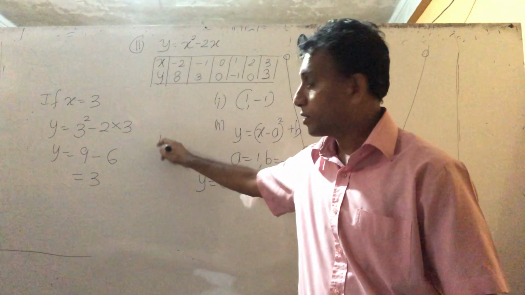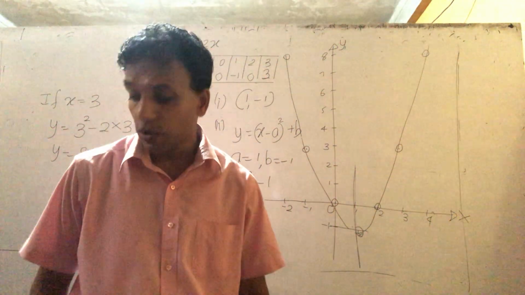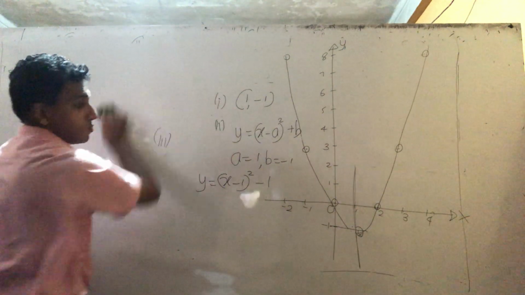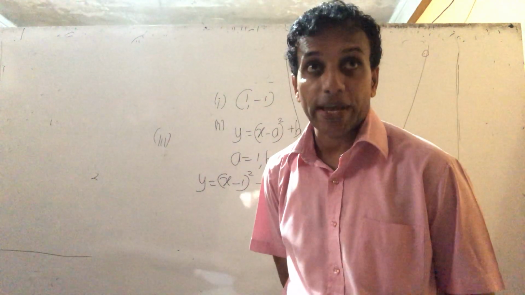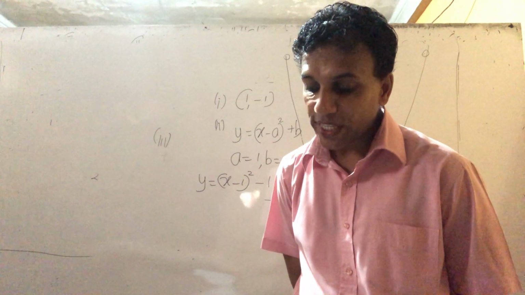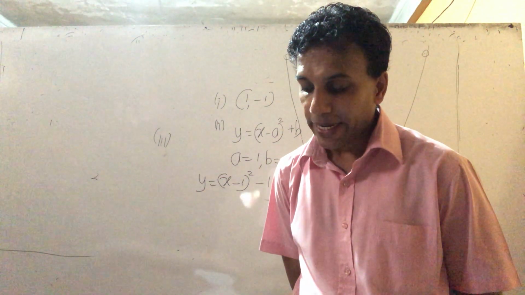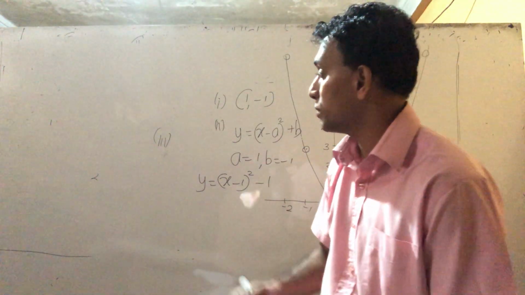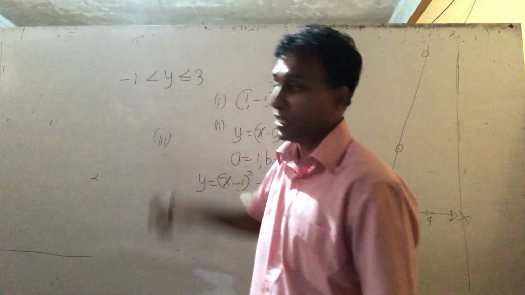Right, next part 3, the third part. Write the interval of values of x on which the function increases within the interval minus 1 less than y less than or equal to 3.